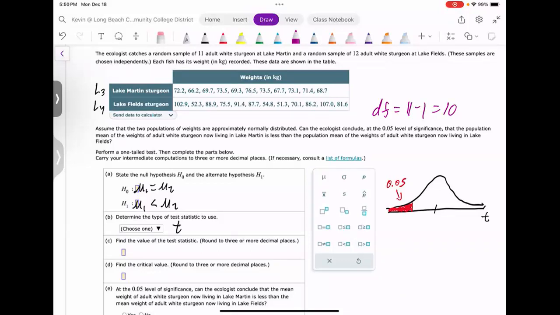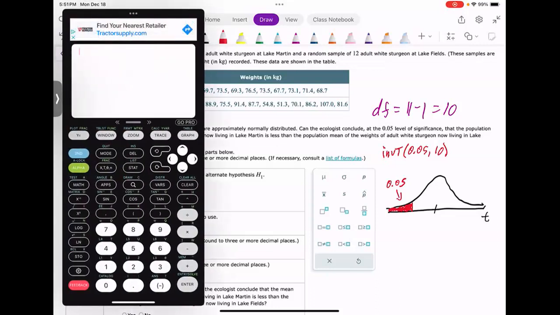All right. So to find my critical value, I'll use inverse t. So negative 1.812.